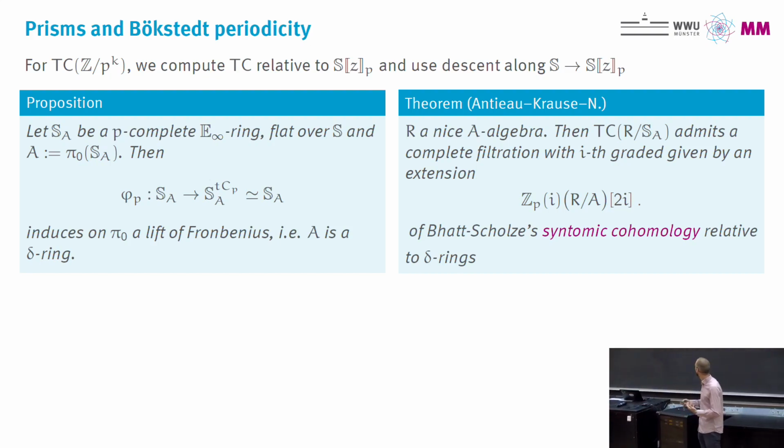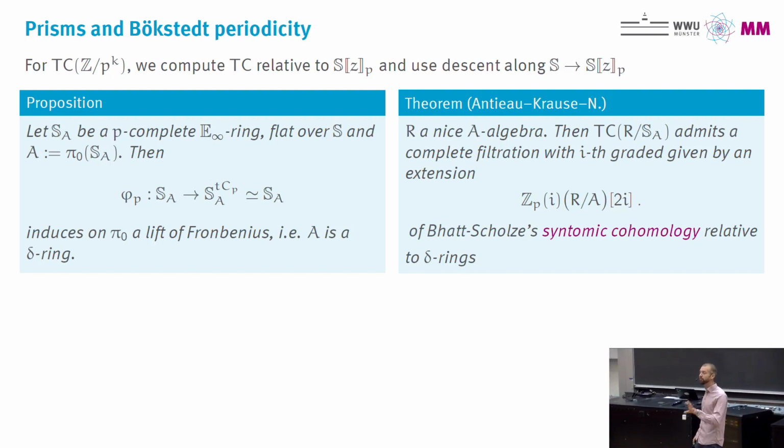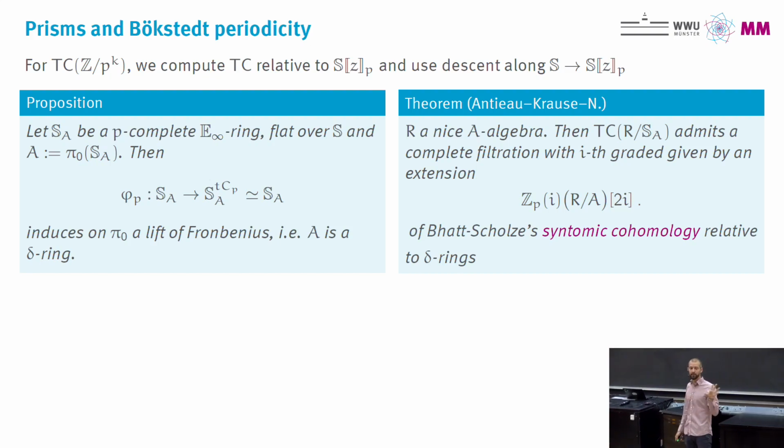This has been done in the case that A is A-inf of a perfectoid ring by Bhatt, Morrow, Scholze, and we generalized their theory, or the syntomic or prismatic cohomology of Bhatt and Scholze, to this setting where we just work relative to a delta ring and not relative to a prism. And then we define a new theory which extends that theory, and we prove that this TC working relative to this guy admits a filtration whose associated graded is given by that cohomology.